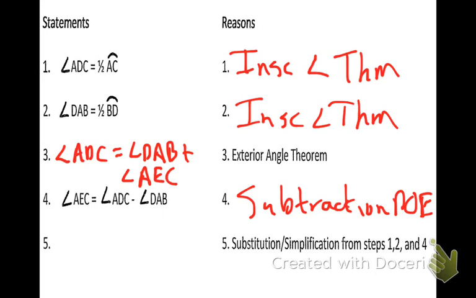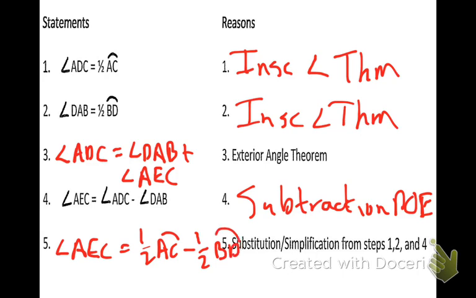And then the last step, by substituting and simplifying the steps above, I can say angle AEC is equal to 1/2 of arc AC minus 1/2 of arc BD, which is equal to 1/2 of AC minus BD. Questions? No questions, okay?